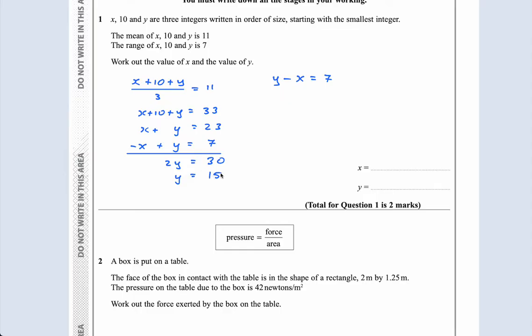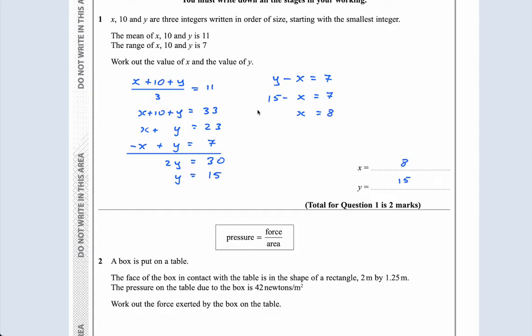And once I have y, it's easy to get x, because 15 minus something is equal to 7. Well, x has to equal 8, because 15 minus 8 equals 7. So now I have x equals 8, y equals 15.